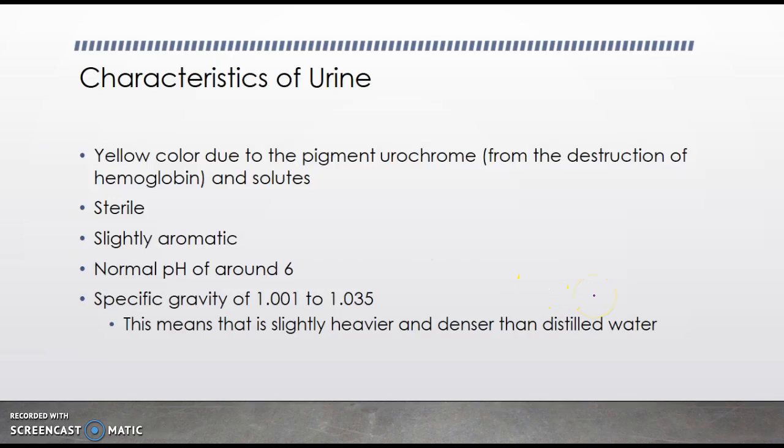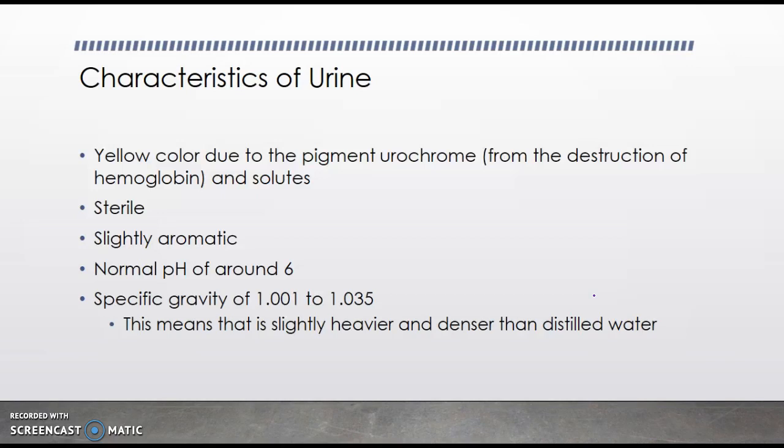So now we're going to move away from how urine is made into the characteristics of urine and the other urinary organs. Urine is usually a yellow color, and that's because it's actually old destructed hemoglobin, that molecule that gives your blood its red color.